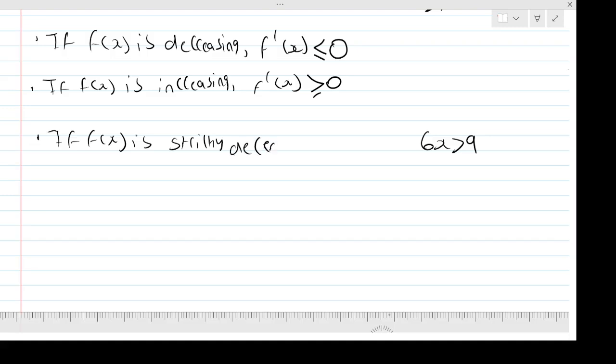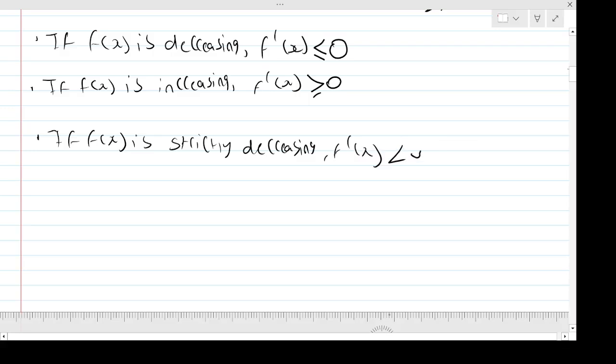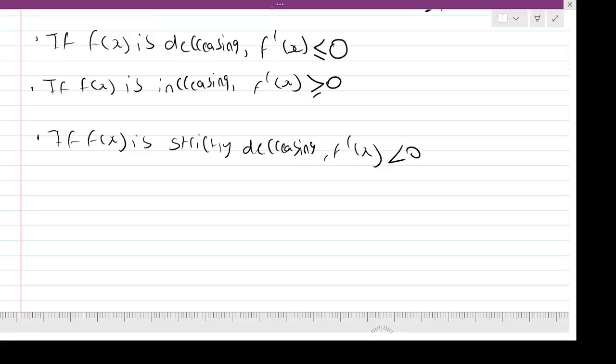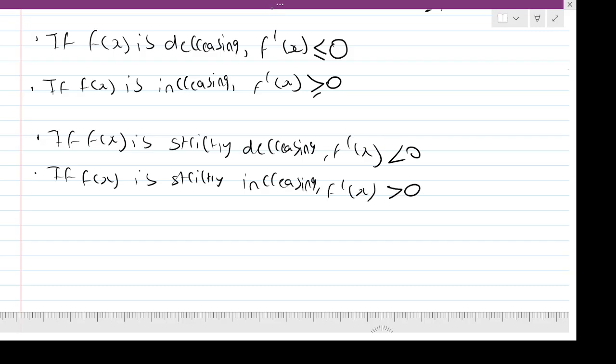And that means, because it's a strict inequality, that f dash of x would be strictly less than 0. Okay, so the gradient would be negative because it's going down. And likewise, if f of x is strictly increasing, f dash of x is strictly greater than 0.